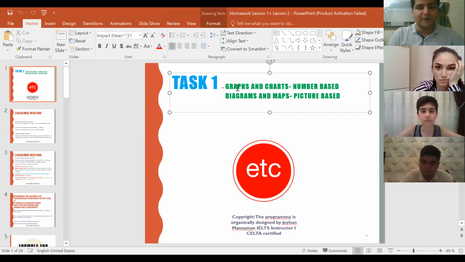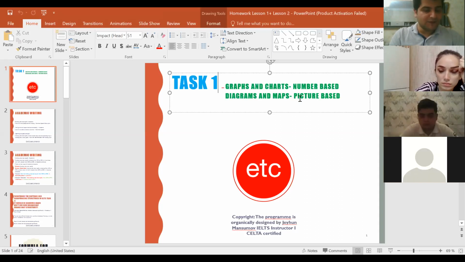Task one report writing has two styles, two types of reports: graphs and charts, which is called number-based writing, and diagrams and maps, which is called picture-based writing. So why do I divide it into two parts? Because in graphs and charts, we are going to analyze numbers and describe them and make comparisons.